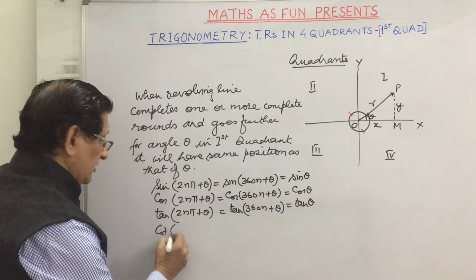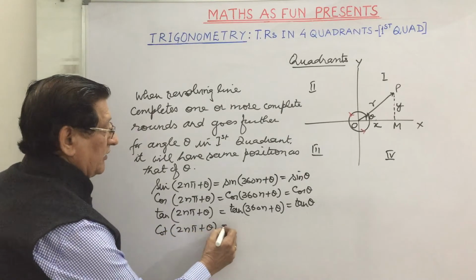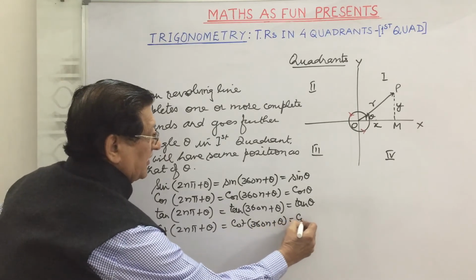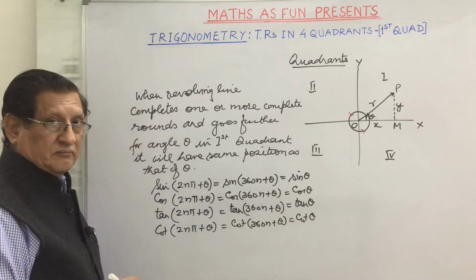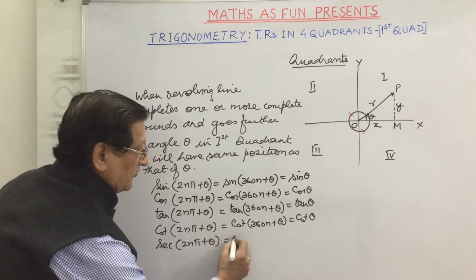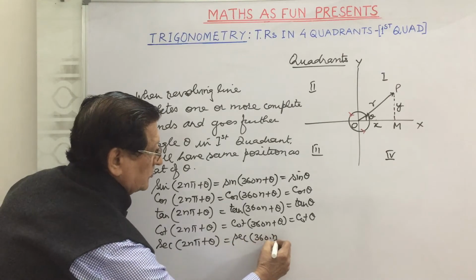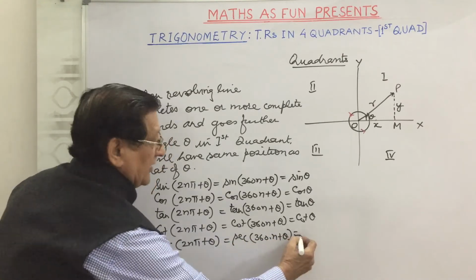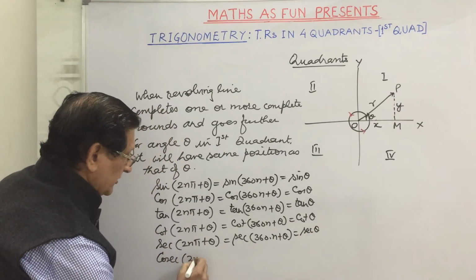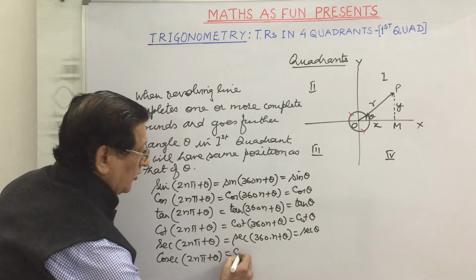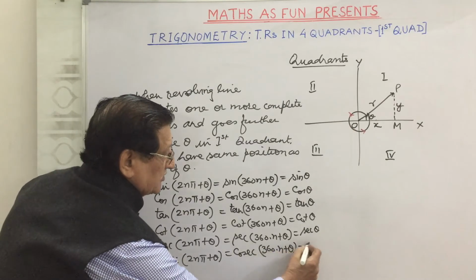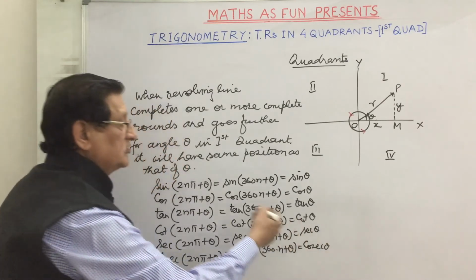Cot of 2n pi plus theta, or cot of 360n plus theta, will be same as cot theta. Sec of 2n pi plus theta, or sec of 360 into n plus theta, will be same as sec theta. And cosec of 2n pi plus theta, or in degrees cosec of 360 into n plus theta, is same as cosec theta. There is no change.